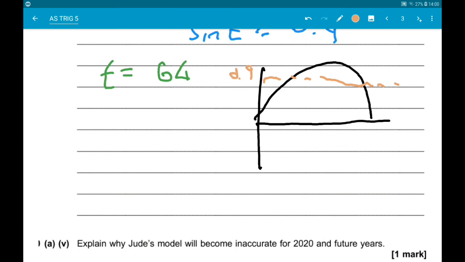So we know this point was 64. So the one on the right is going to be 180 minus 64, which is 116.